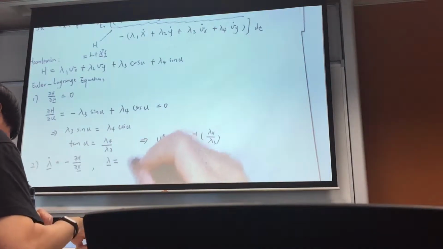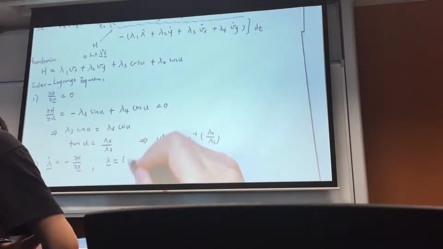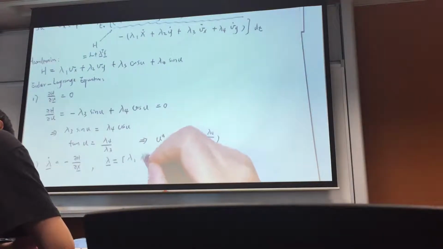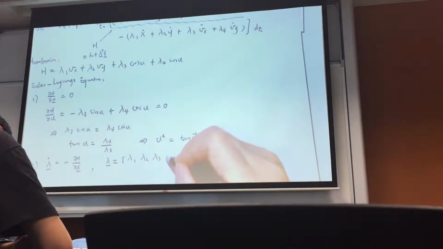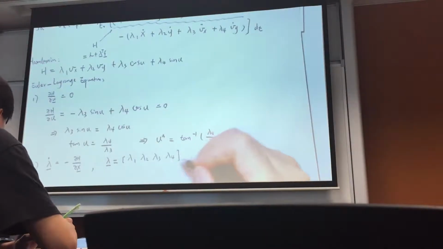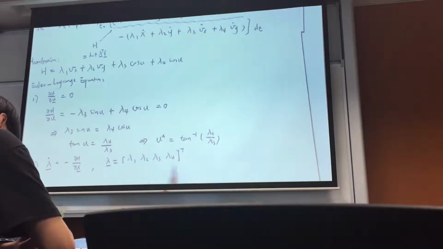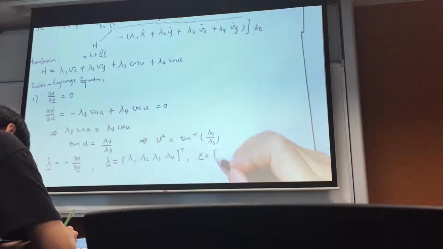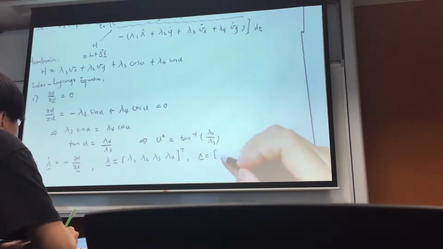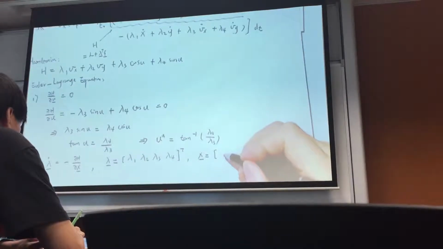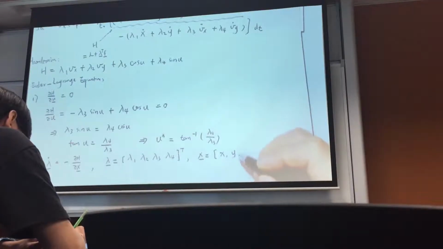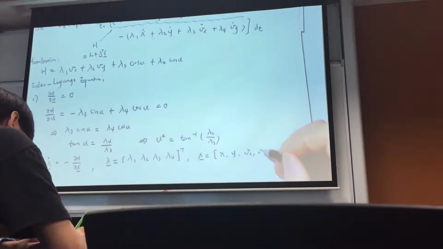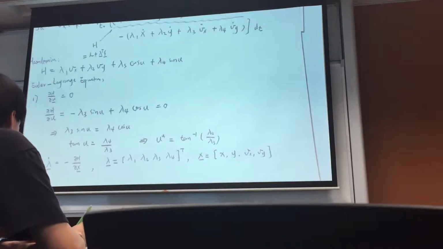So this lambda, because we have 4 equations, is given by lambda 1, lambda 2, lambda 3, lambda 4. I put the transpose so that this one will be a column vector. So this x, this state vector, is actually defined by the location of your vehicle, this x, y, and the velocity of your vehicle.